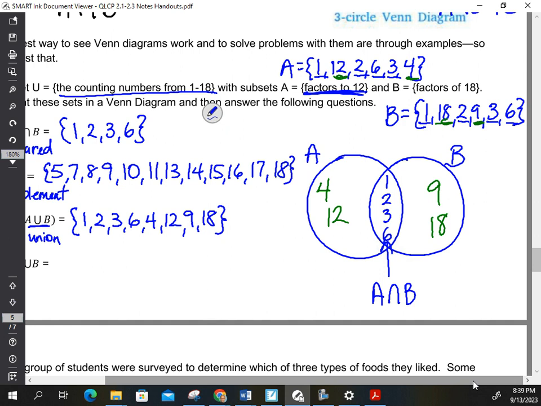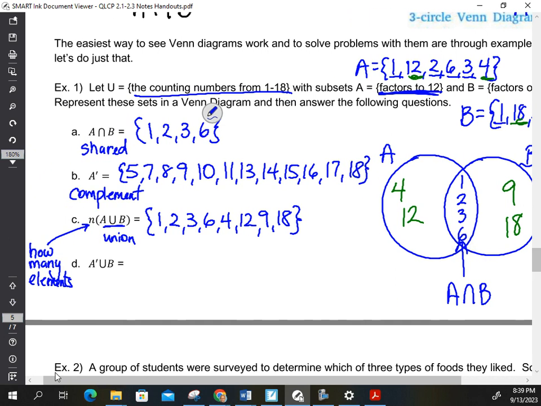So there's your union. So you're asking how many elements are in the union that you just wrote. All you have to do is count them up. 1, 2, 3, 4, 5, 6, 7, 8. 8 elements. So that's all letter C is asking you for. Pretty simple.